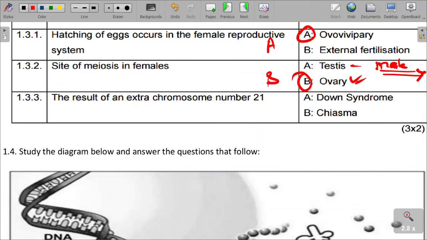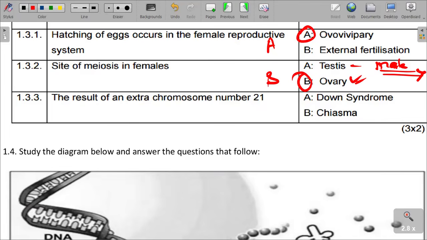And then the next question: the result of an extra chromosome number. We say that it is sometimes called trisomy 21, whereby an individual or a zygote has three copies of chromosome 21.